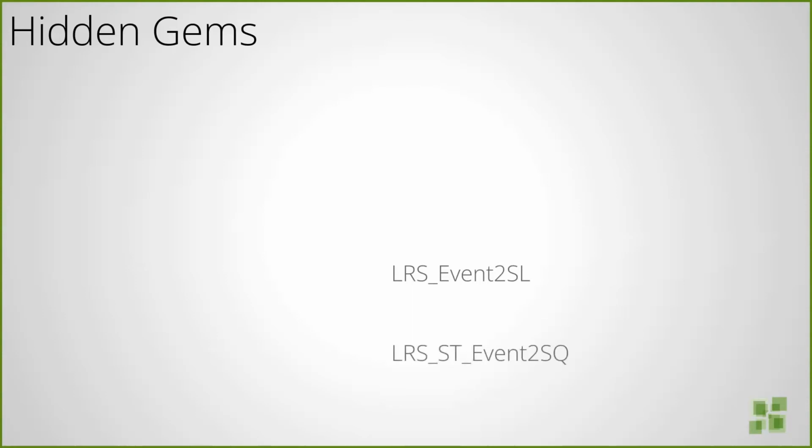The other is ST event, where ST stands for spatial temporal, event to square. And this is in line with the design principle. I will dive into this a little bit deeper. And we are halfway, I think we're doing fine time-wise.